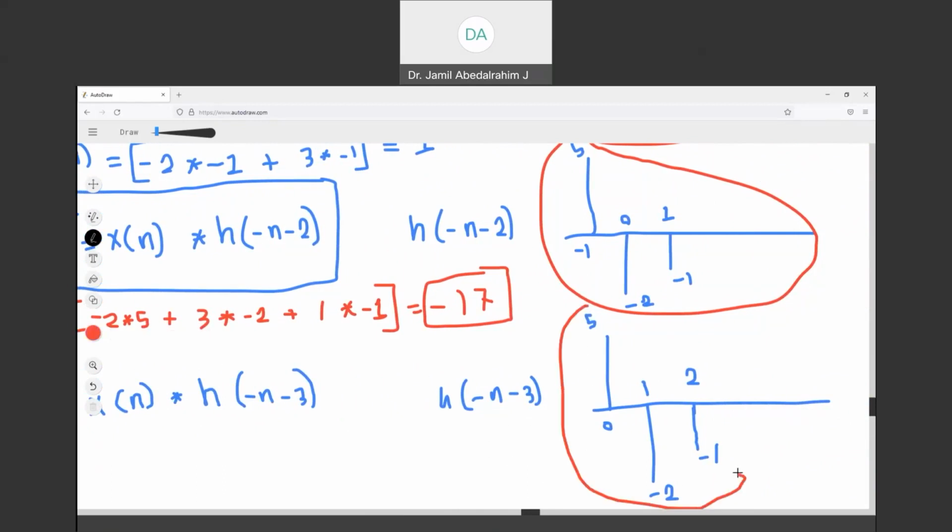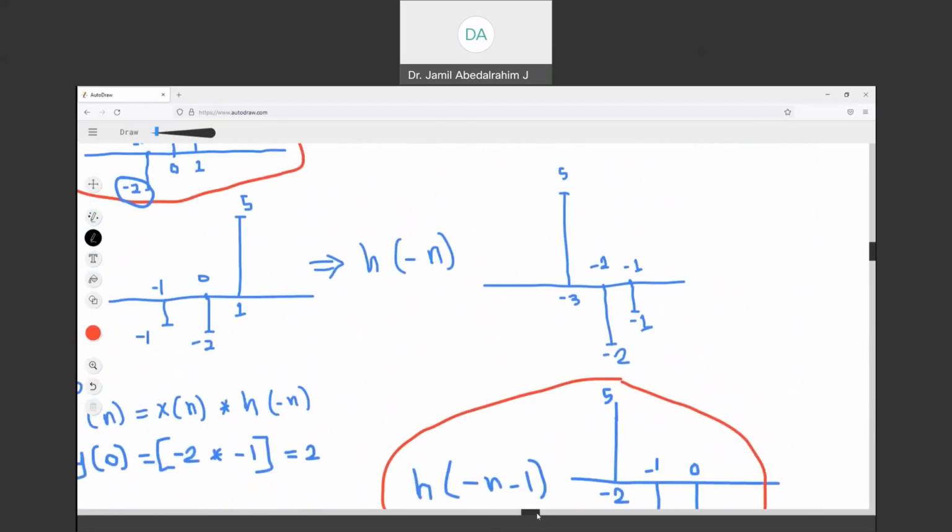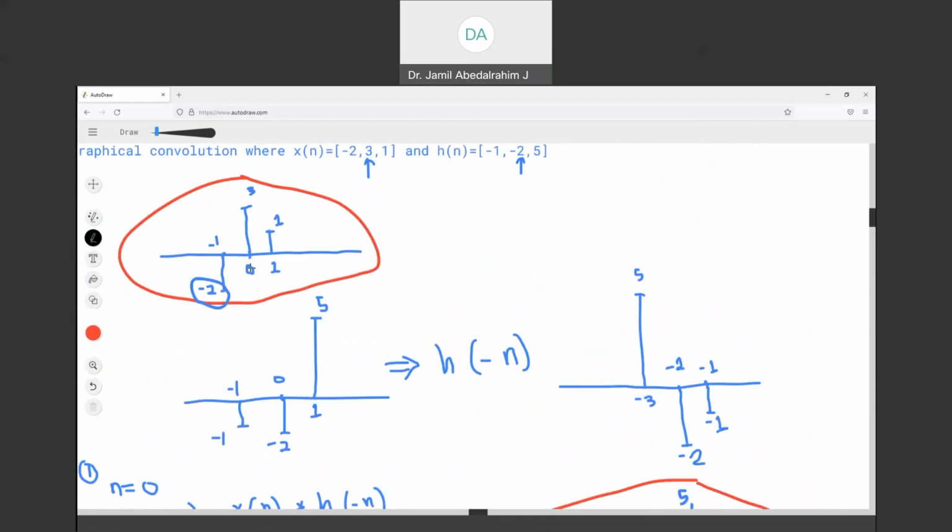So the shared location here, here we have at 0 and x of n also we have signal at 0.